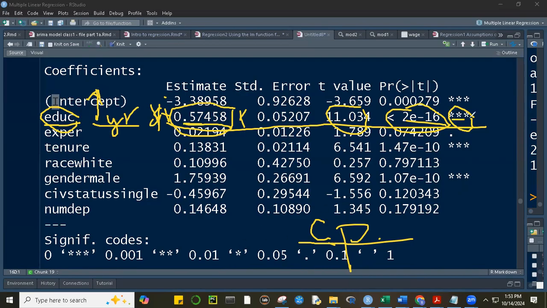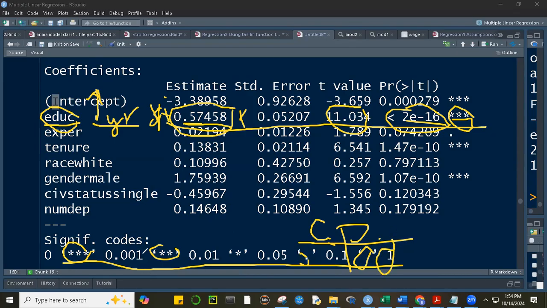Okay, how do we interpret this? Take a look at the 3 stars here and i-reference natin dito, class. So 3 stars here is 0.001. 2 stars is 0.01. 1 star is 0.05. That is just 0.1. And then nothing, that's 1.